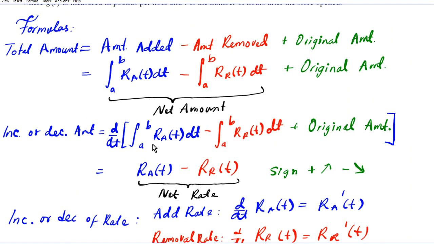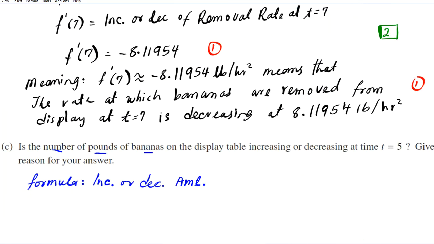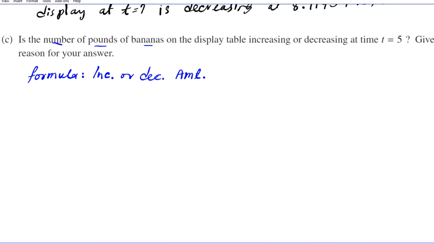Okay, so we don't have to write this whole thing down. We can just look at the net rate because that's what's changing. Okay, all right, so let's write that down. So increasing or decreasing amount is simply the net rate. Okay, the rate at which banana is being added minus the rate at which banana is being removed.